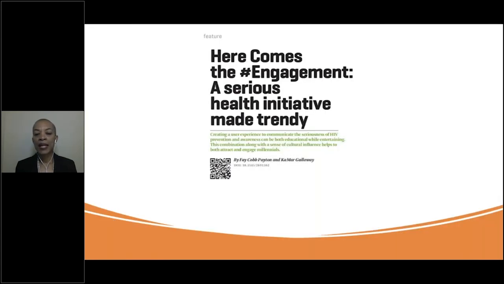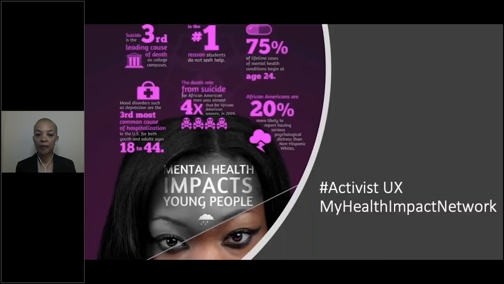What I mean by that is, here's a topic that we took a look at: how do we engage, both from an algorithmic perspective, but also from a cultural perspective. While time won't permit me to discuss all of this, myhealthcareimpactnetwork.org started out as a platform to have discussions with young people around health disparities.